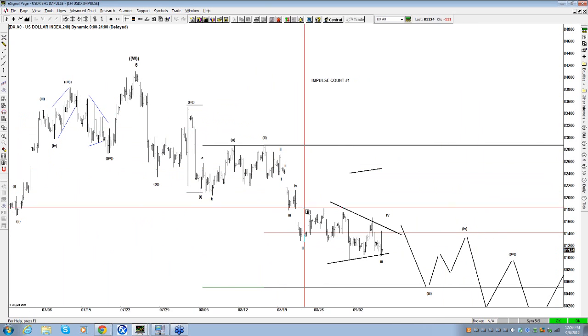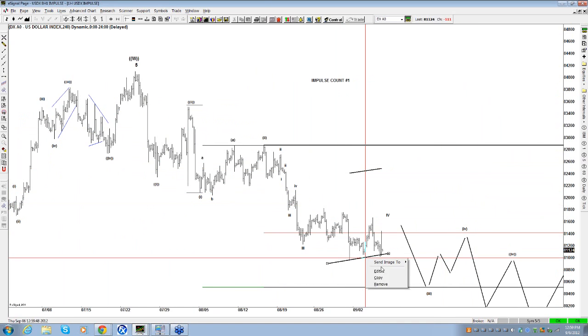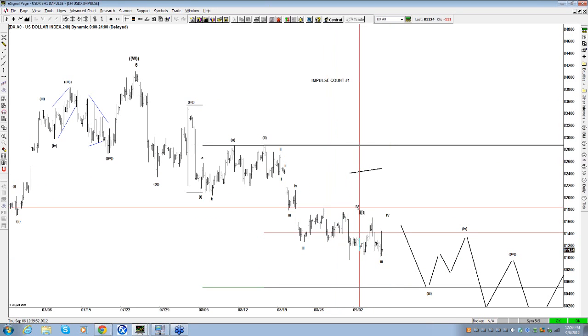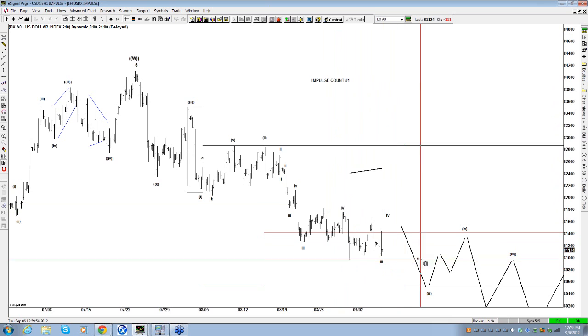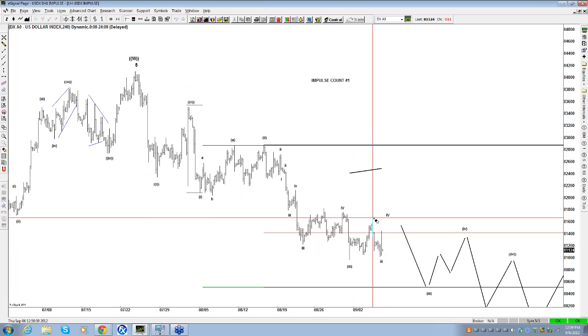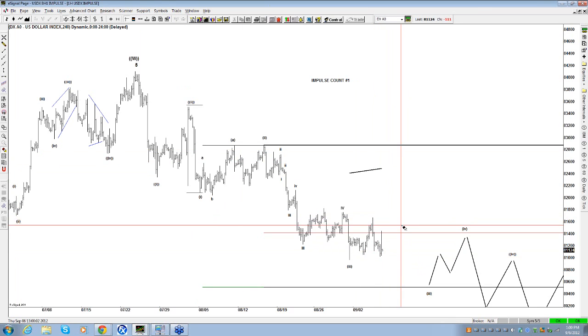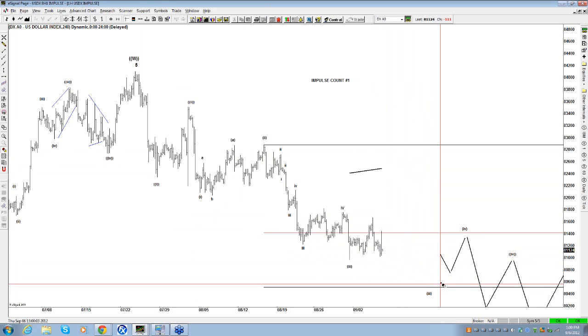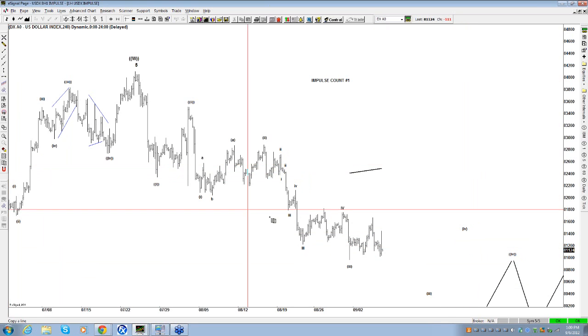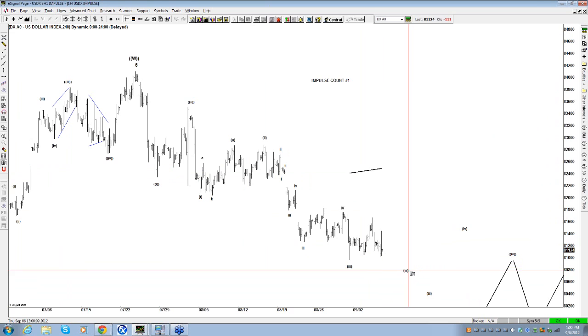What I mean is that maybe this cycle ended here, and this wave 3 ended there. All right?